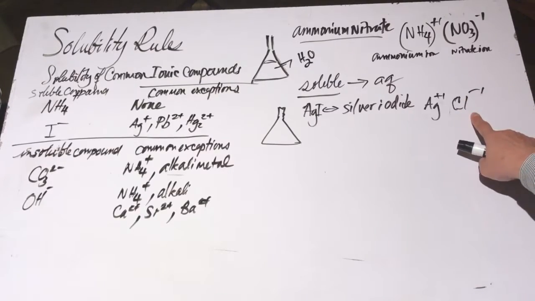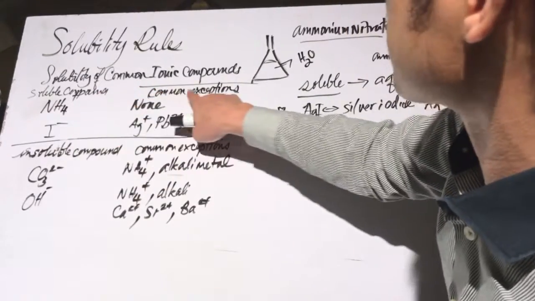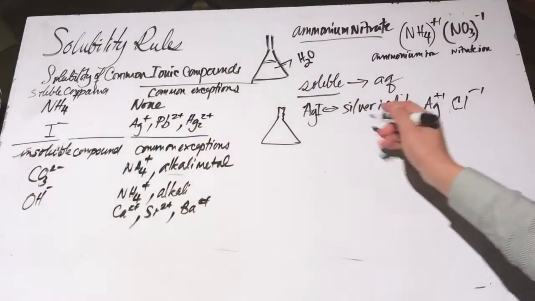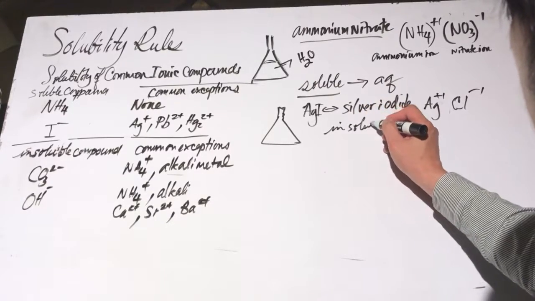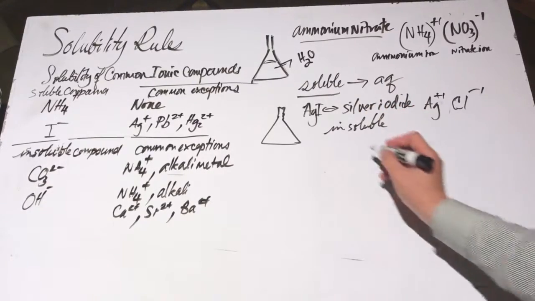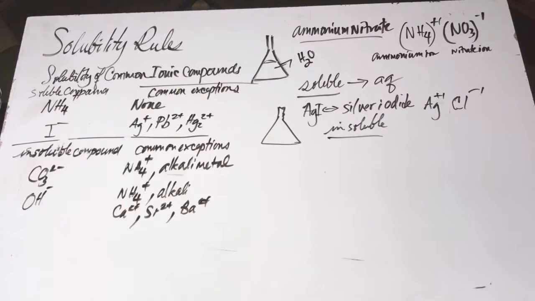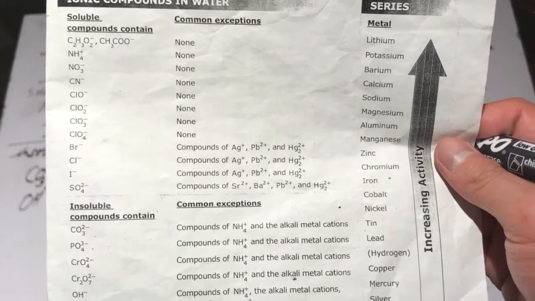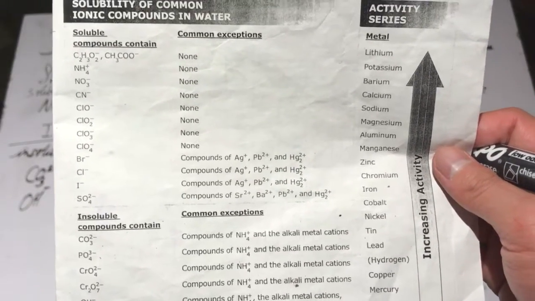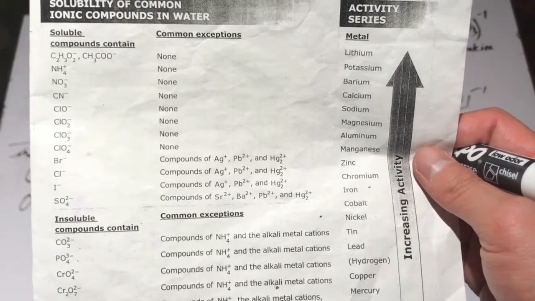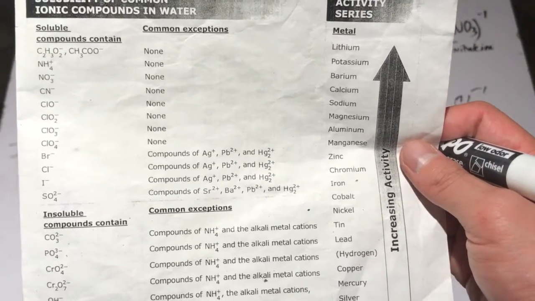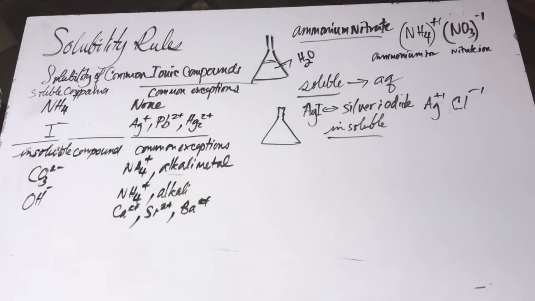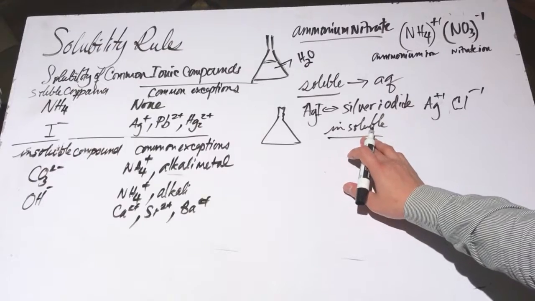This one says that it is soluble. Then look at exceptions. When you have this one and this one, the answer becomes insoluble. More importantly, you have to look at the information over here. As you can see, I was looking at iodide, which is I minus, and I also have exceptions. My exception will be silver iodide, which has Ag plus right there. So the combination of these two changes it from soluble to insoluble.